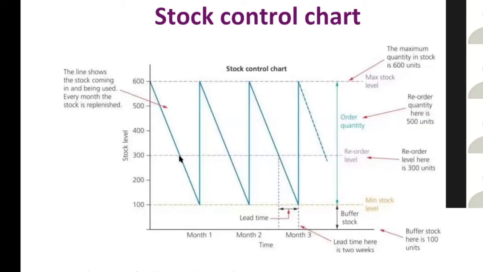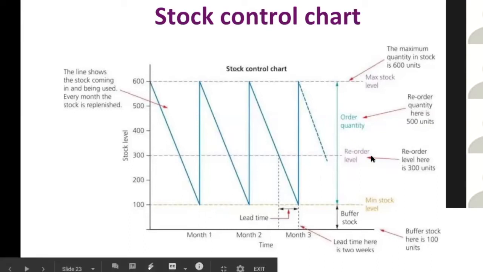For example, here, you reorder some more stock. But the problem is you're still using the stock every day. It will go lower, but you don't know how long this will take to arrive. So that's why we stop here to make sure we have buffer stock until the new order comes in.